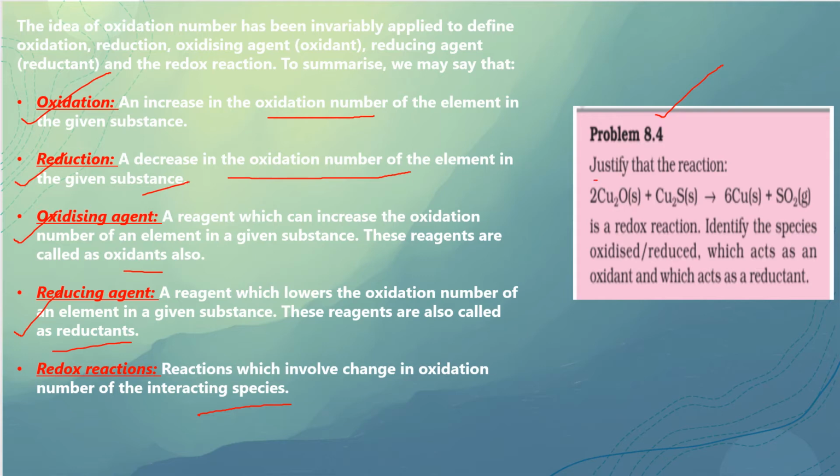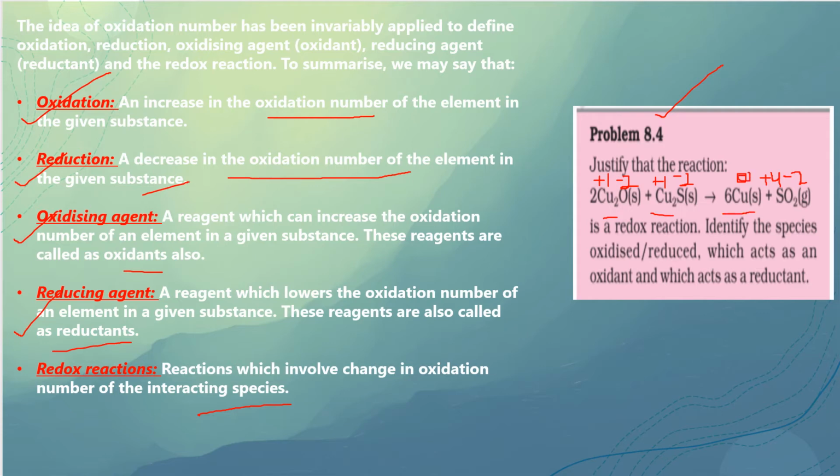So first of all, I will write down the oxidation state of all the elements in the given substances. -2 for oxygen, so +1 for copper. -2 for sulfur as sulfide, so +1 for copper. 0 for copper here, it's an element. -2 for oxygen and +4 for sulfur.